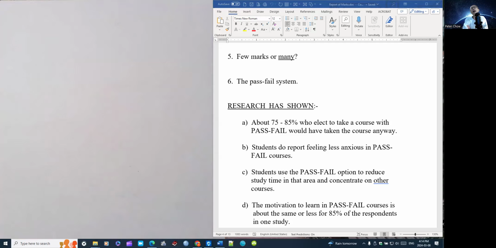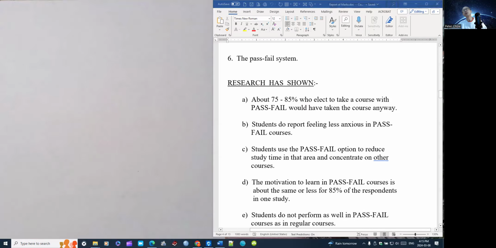All right, the pass-fail system. There are courses where the only marking system is pass-fail. So let's take a look here. There are arguments for using pass-fail.